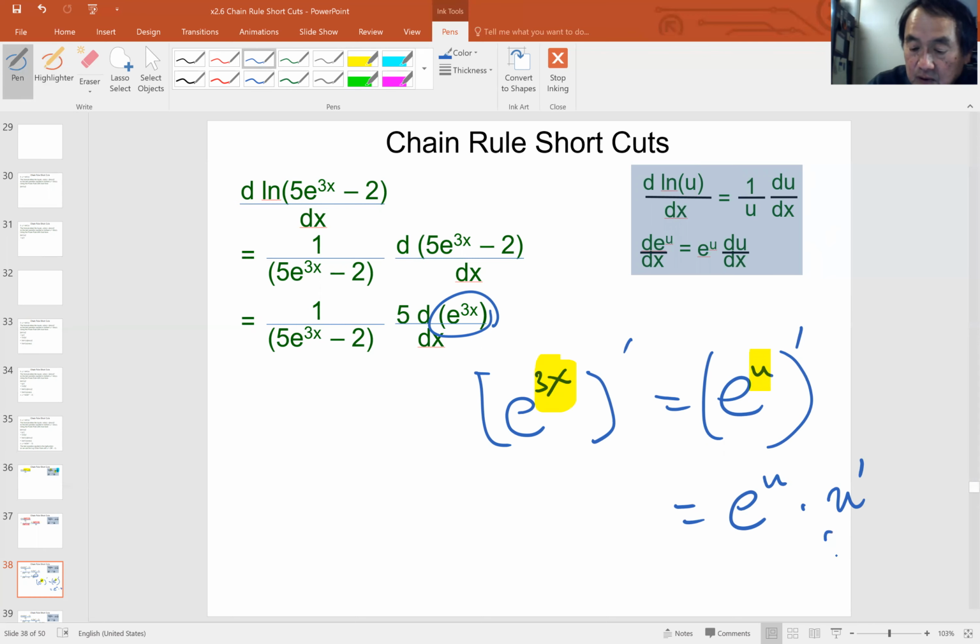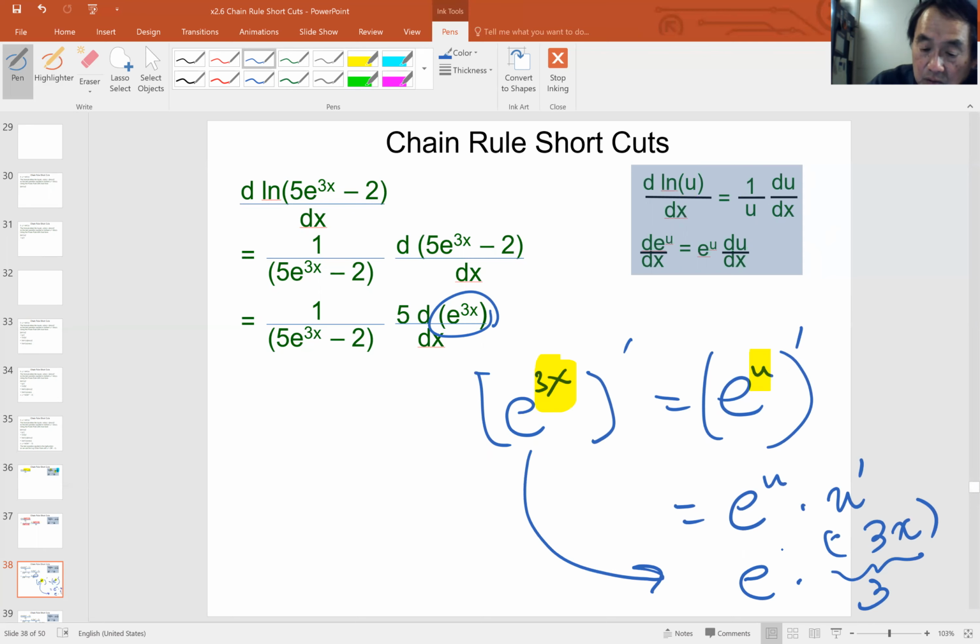In other words, the derivative of 3x over here at the end is going to be equal to 3, times the original e to the u, unchanged, e to the 3x. E to the u times the derivative of the exponent.